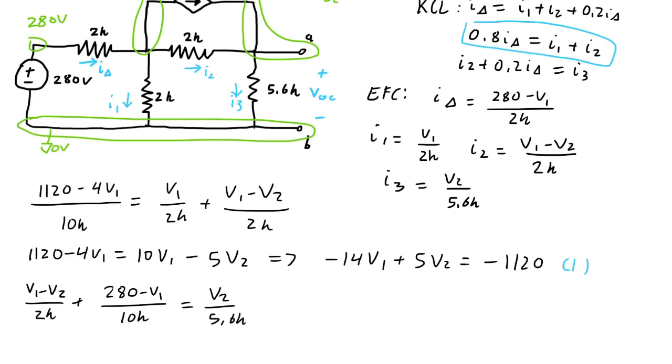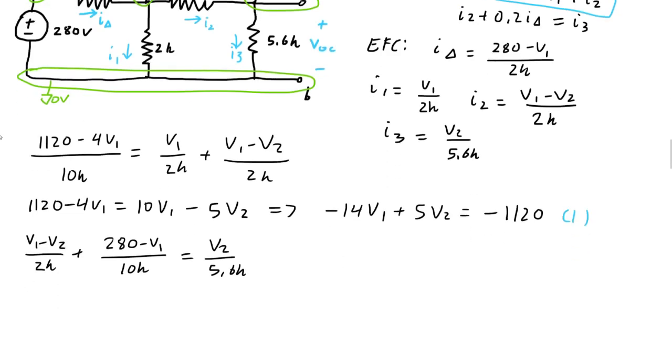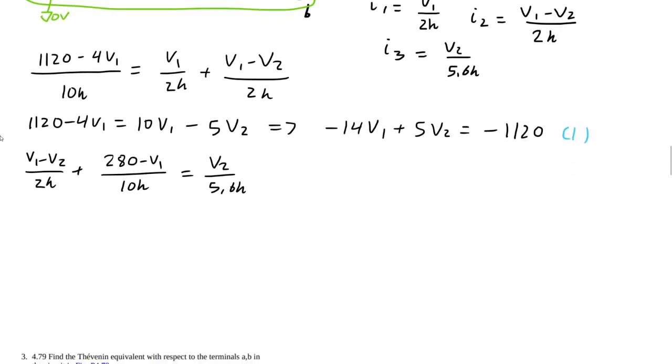So I'm going to simplify everything. Let me actually scroll down, then I'll simplify. I'm going to find a common denominator between these two real quick. So 5.6 times 10 is 56.